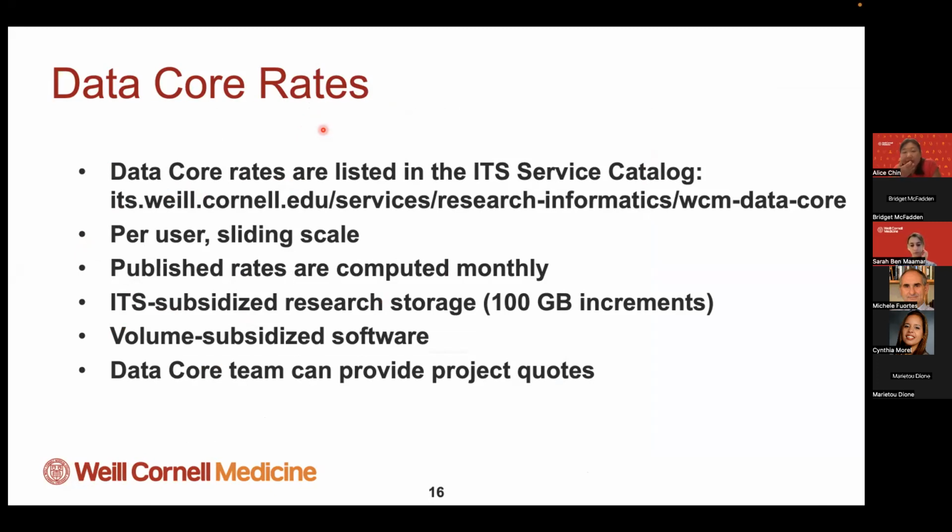Essentially, if your project is larger, the cost decreases as you add additional users, because the work it takes to set up a project is really a lot of upfront cost. And the service is not trying to make money. We were really just trying to cover cost, and that's where our rates are based.